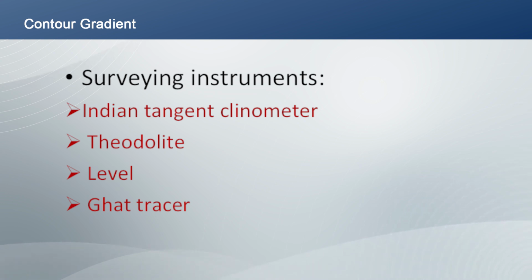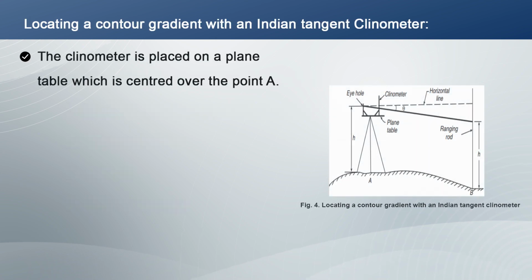First of all, we will see locating a contour gradient with an Indian tangent clinometer. See figure number 4. The clinometer is placed on a plane table which is centered over the point A, from where the direction of the contour gradient is required to be located.